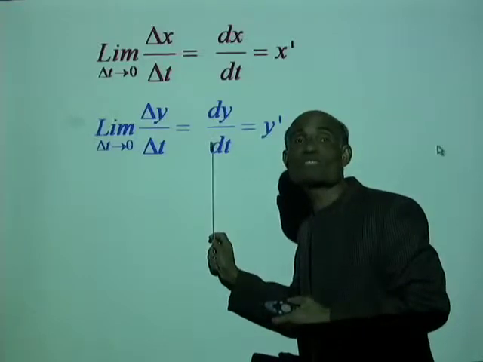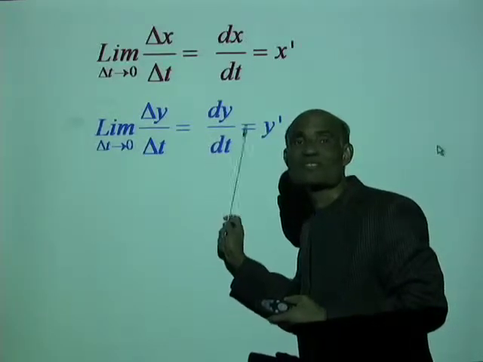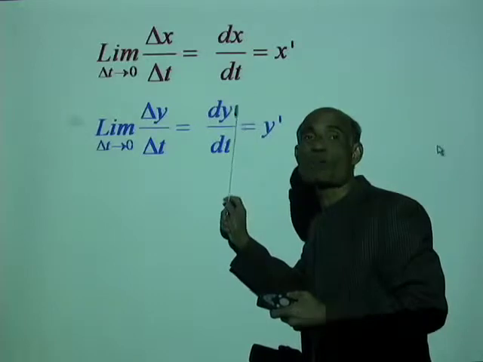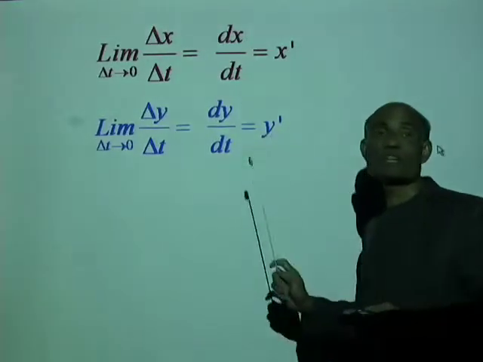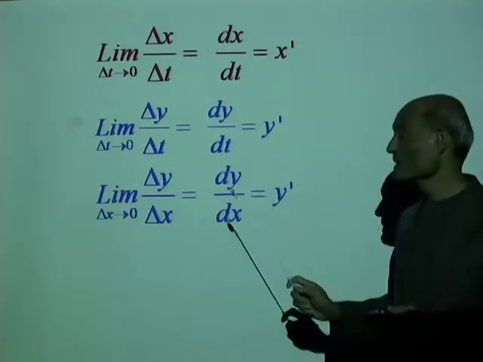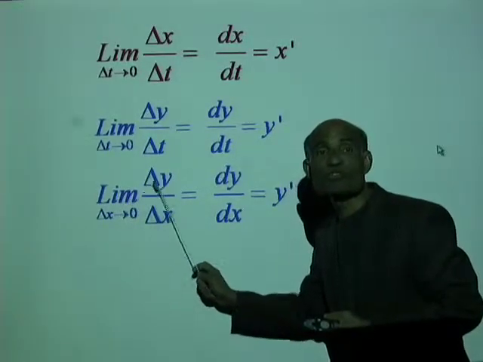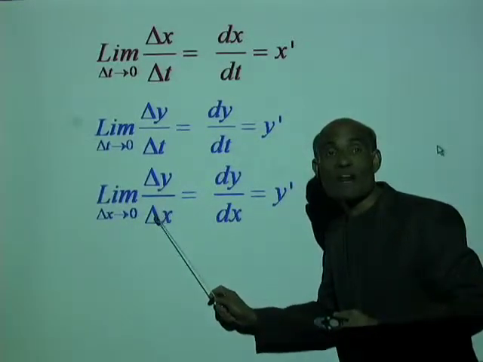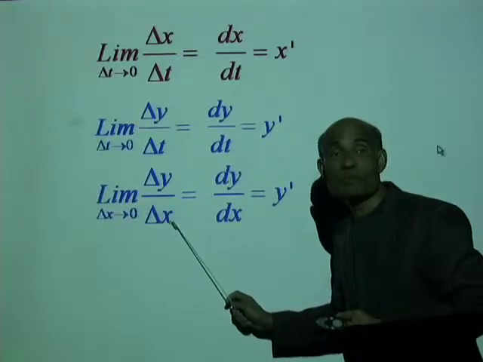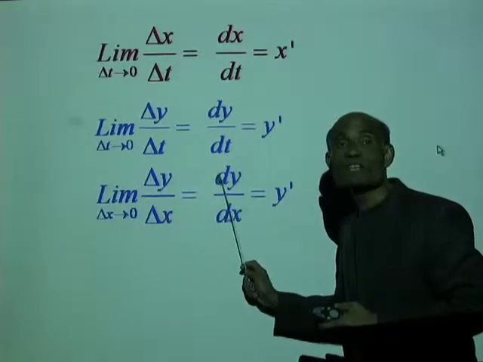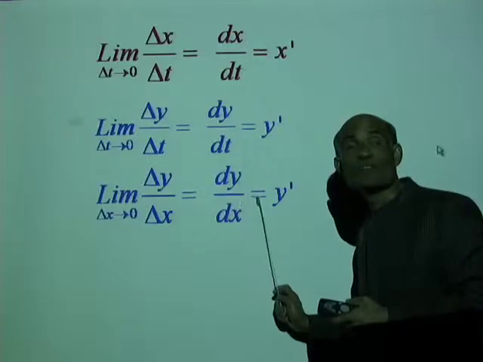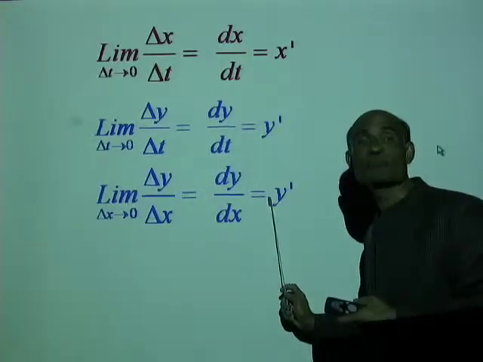The slope of the secant line at that instant is called the derivative of y with respect to t, or y prime. Similarly, limit delta x approaches 0, delta y by delta x, this time the independent variable is x, is dy by dx, is also called y prime.